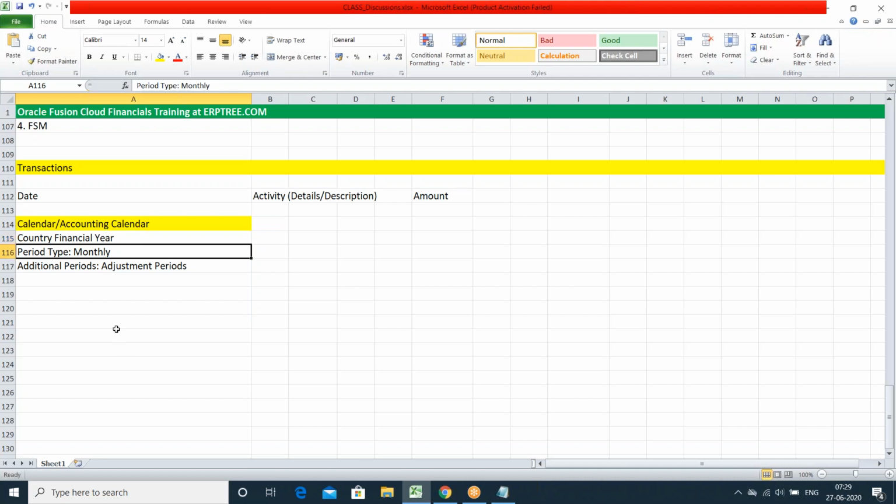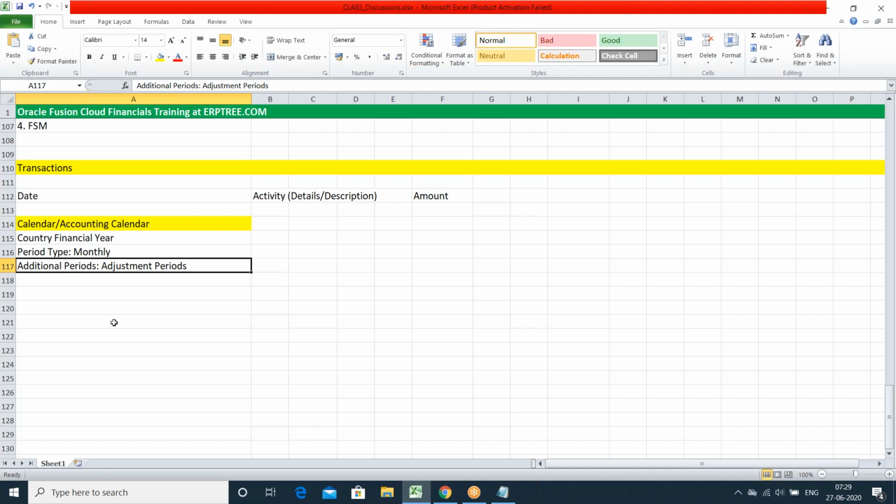Okay, and period type. Ideally, we use the monthly period, so that period type you have to choose. If you are doing the implementation for banks, we use the period type as daily, since they have a practice of closing the books on a daily basis. And additional periods are not mandatory. As a consultant, we recommend that clients have at least one adjustment period. If they require, they can use it at the end of the year when they are closing the books.